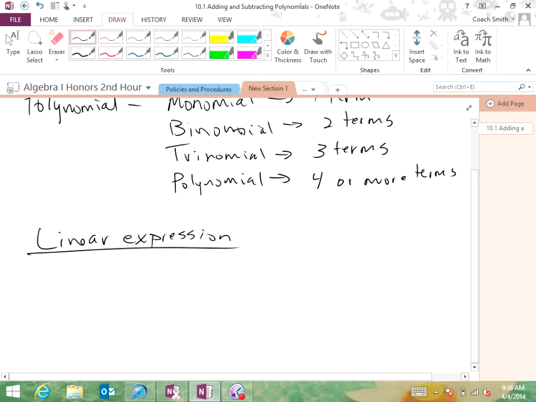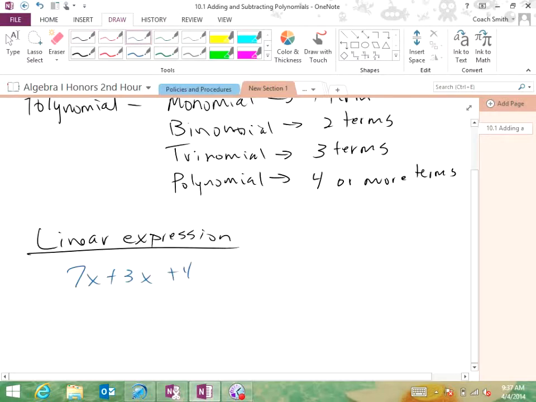Linear expressions have no exponents, or the exponent is 1. I guess if you want to get real technical, the exponent is 1. So a linear expression is what you have covered up to this point, like the one I just gave you, 7x plus 3x plus 4.